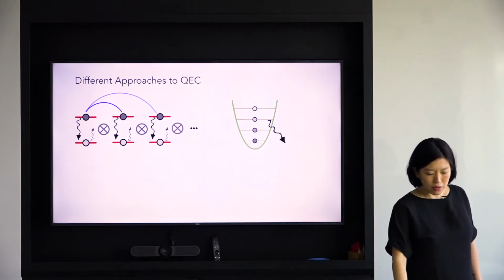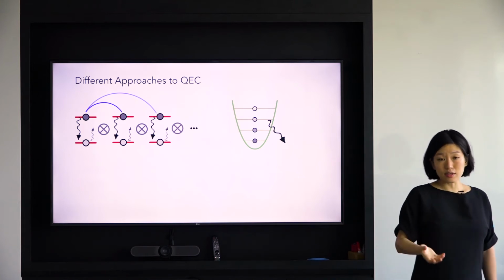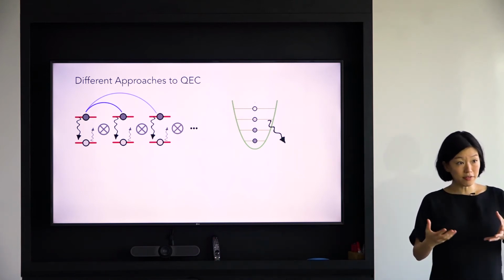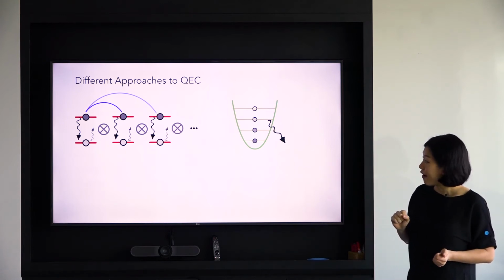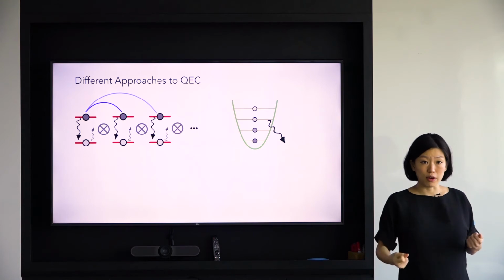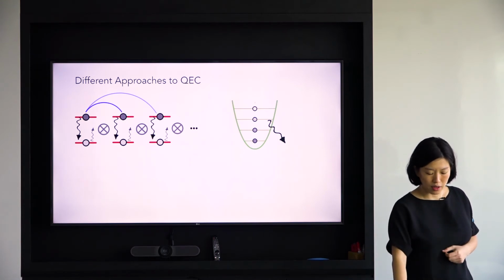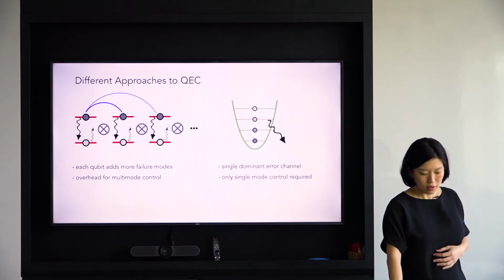So even though this is relatively easy to test out in our current hardware because we have systems with tens of these discrete elements already, it can be really hard to achieve this break-even metric that we think is useful. So yeah, the overhead is pretty high in general.